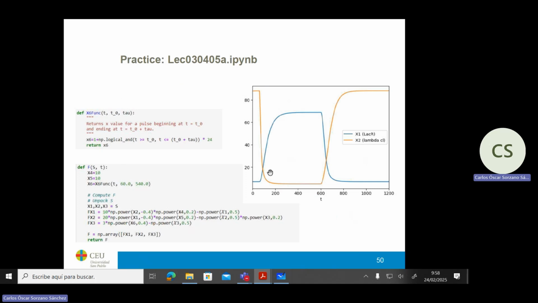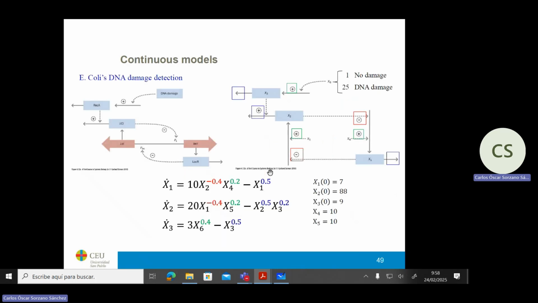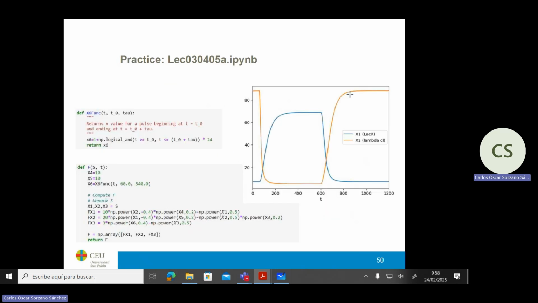When you simulate, let's say that there is a damage. The damage for us was X6. When there is no damage, it takes value 1. When there is a damage, it takes value 25, let's say. And then X6 will change like that over time.